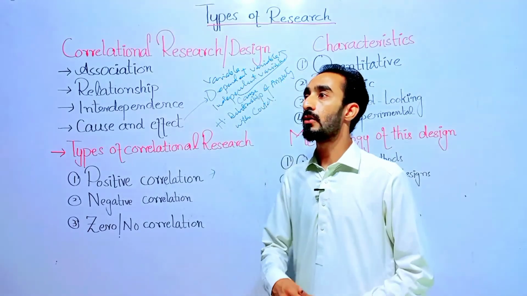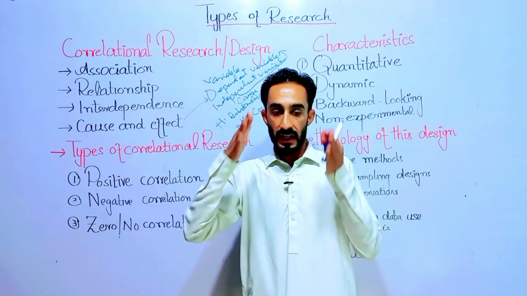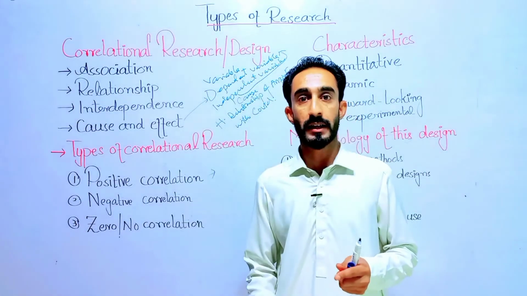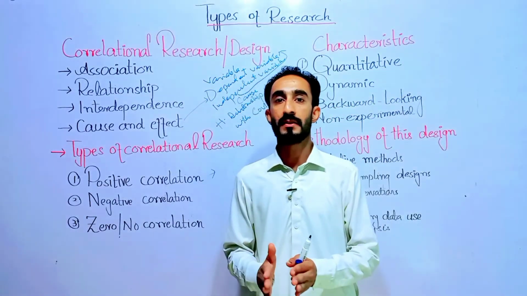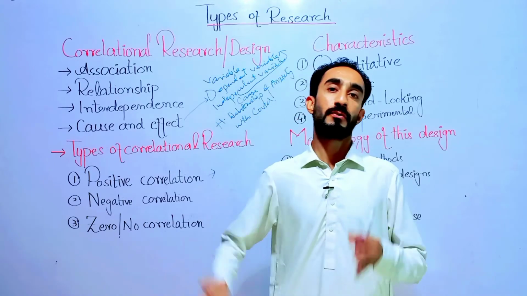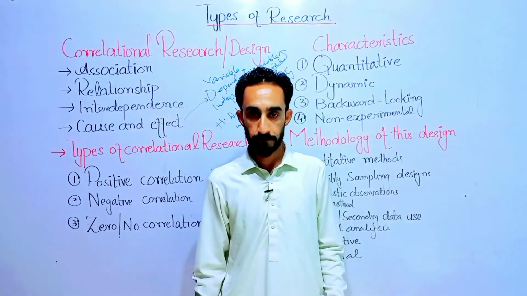When we are doing correlational research, two things must come to our mind: the study is purely quantitative in nature, and we are studying the variables on the basis of associations and interdependence. That will become a correlational research design.